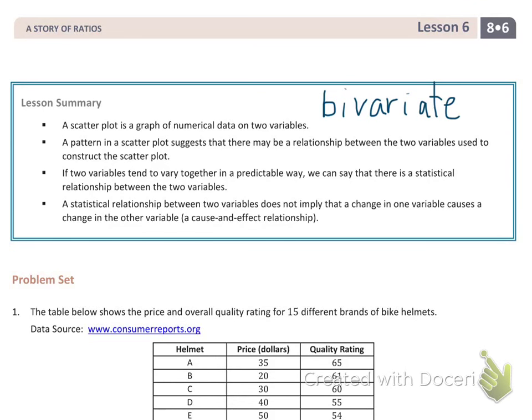If the two variables tend to vary in a predictable way, we can say there's a statistical relationship between the two variables. But a statistical relationship between two variables does not imply that a change in one variable causes a change in the other variable, and that's the important concept there, that causes a change. We'd be talking about a cause and effect relationship there.